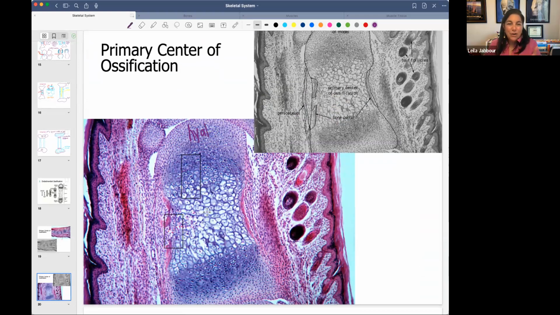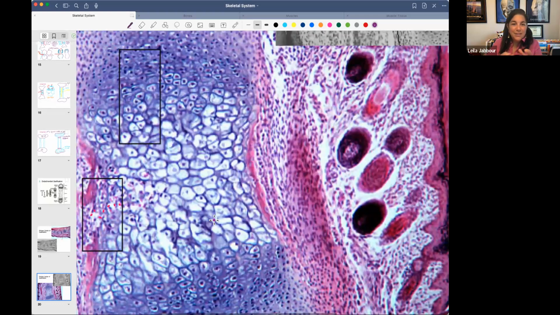You can see these lacunae are much bigger and the matrix is much thinner. You can see these very thin lines. Some of these lacunae look like they still have a cell in them. These are cells, but a lot of them are empty. This is empty, empty, empty. The cells are dying. They're not going to be there.